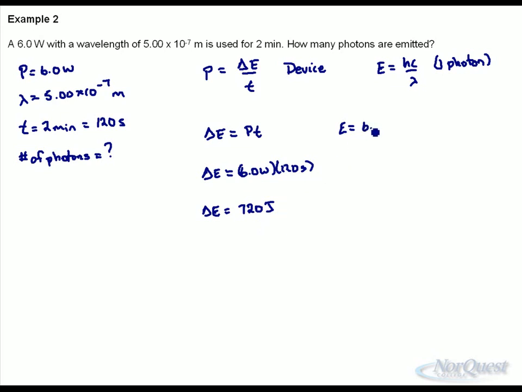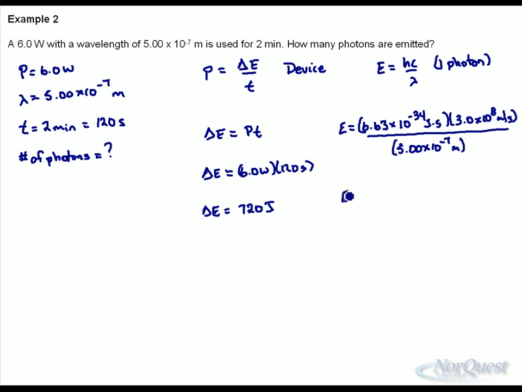That is 6.63, off my data sheet again, times 10 to the negative 34 joule seconds times the speed of light, 3.0 times 10 to the 8 meters per second, divided by the wavelength of this particular substance. About green light, basically. This is a green laser. 5.00 times 10 to the negative 7 meters.